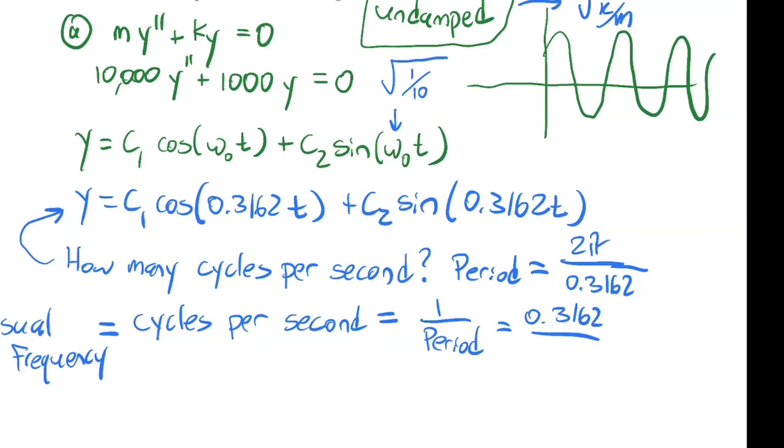So we can take the angular frequency that we had, which was 0.3162, and divide it by 2 pi to convert it to the usual frequency. And I think that is like 0.05 cycles per second.